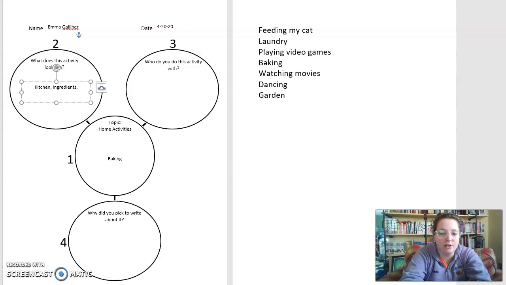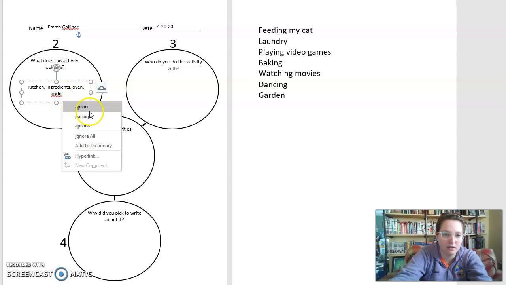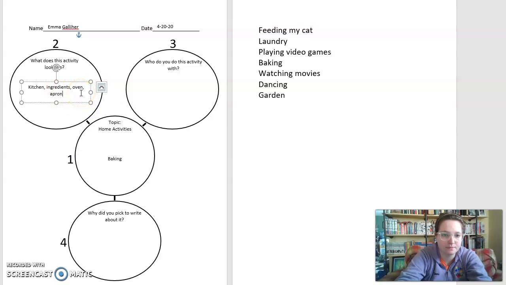I also usually use my oven when I'm baking. I usually wear an apron so I don't get my clothes dirty. And that's about all I can think of right now.